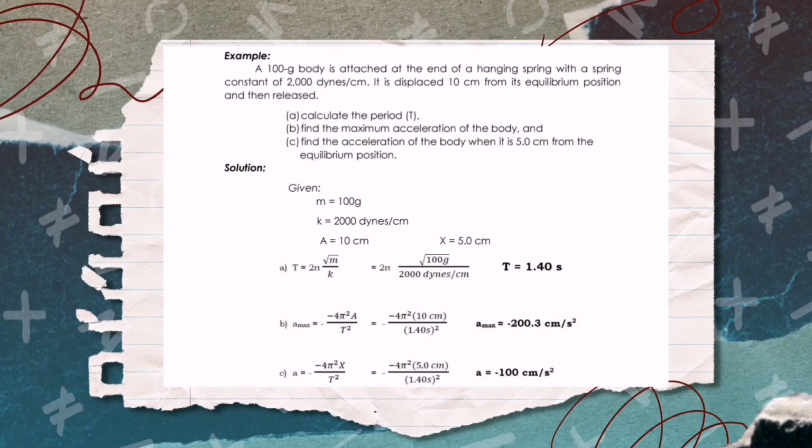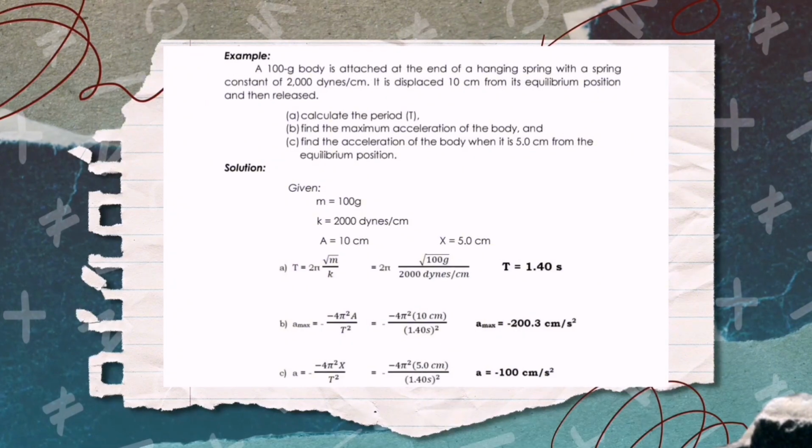So when finding the period T, we use the formula T is equal to 2 pi times the square root of M over K. So just substitute the given values in the equation, and after solving, we get T is equal to 1.40 seconds. Therefore, the object completes one full vibration every 1.4 seconds.